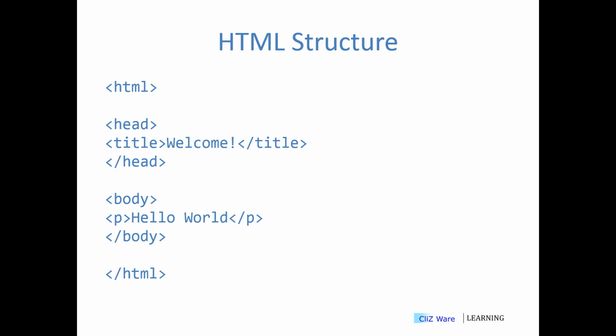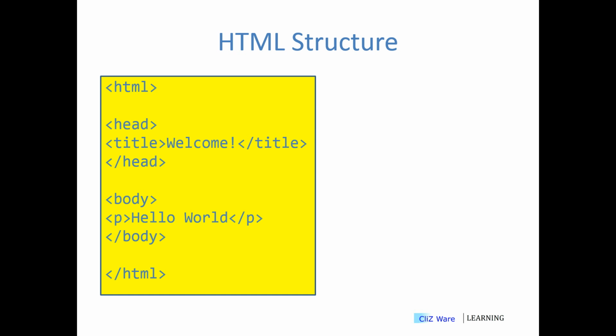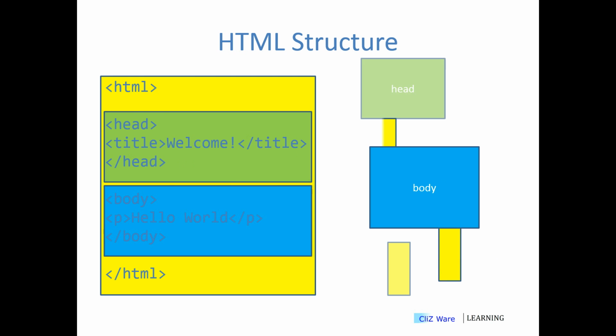So if we have a simple document here, we have HTML, head, body, and we have some text there. If we look at what it consists of, this is our page, this is the head, this is the body, and we can see a relation between the head and the body.